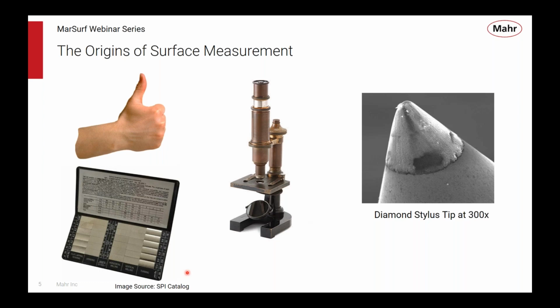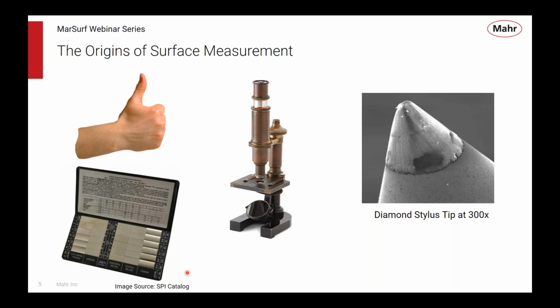Around about the 1920s, it moved to being a microscope-based thing. And in some of those microscopes, you had lines or reticles where you could see sort of the size or scale of things that you were looking at.